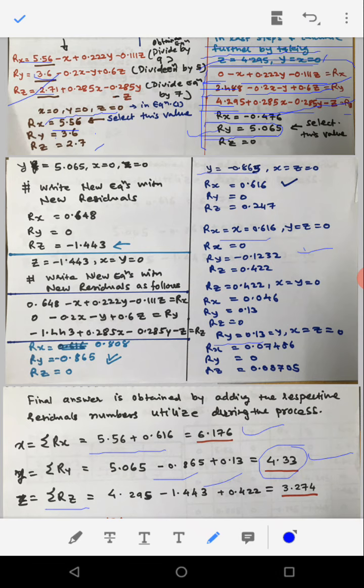And last one, sigma Rz, whatever z values we have taken as your maximum residual value.